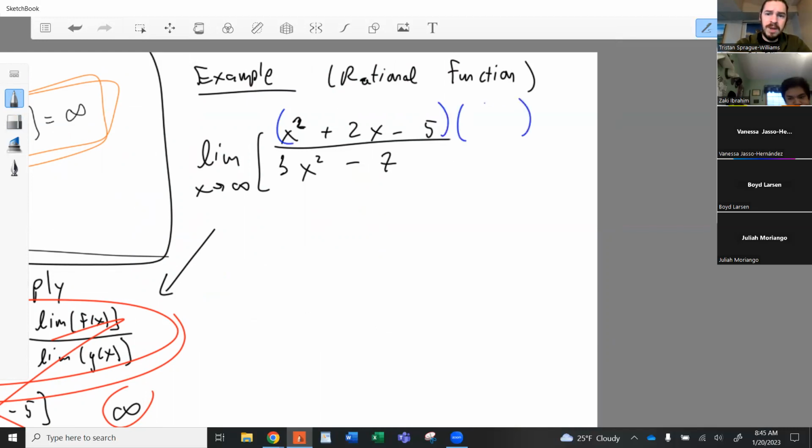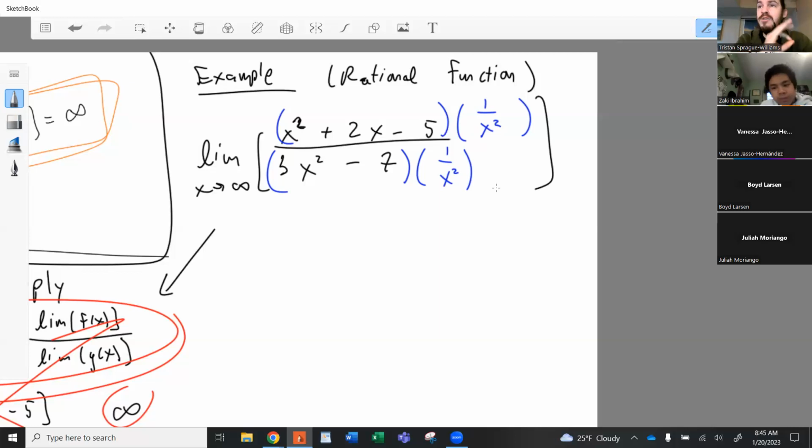So we're going to multiply by 1 over x squared in both the numerator and the denominator, of course maintaining the value of the expression so that we don't change the function at all. We're just going to change the way it's written. We're not going to change what it is. It's still the same function. In other words, it's equivalent.